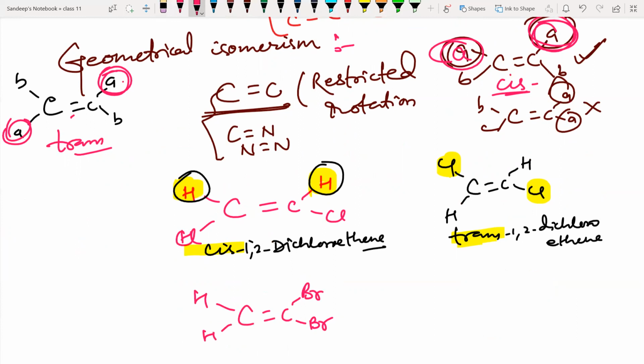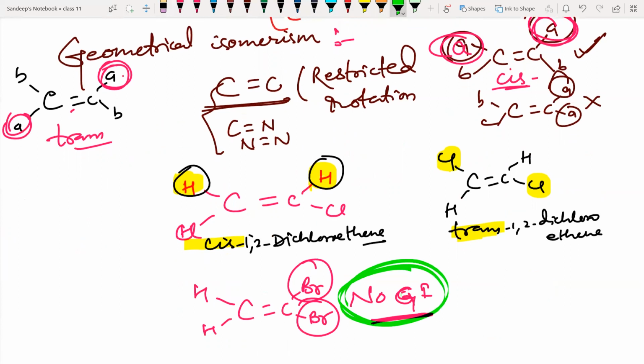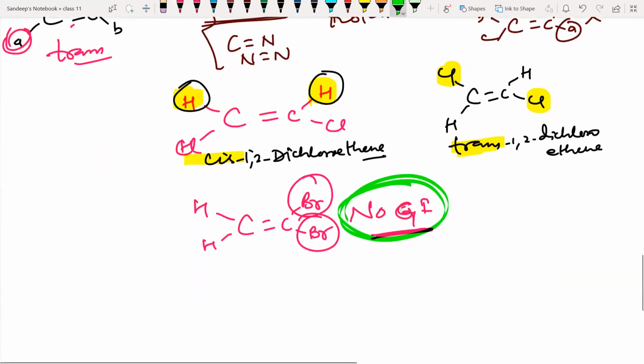This compound is called 1,1-dibromoethene. It will not show geometrical isomerism because the groups are the same. So it will not show any geometrical isomerism. Will this compound show geometrical isomerism?